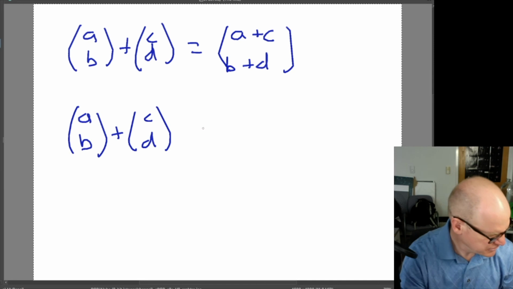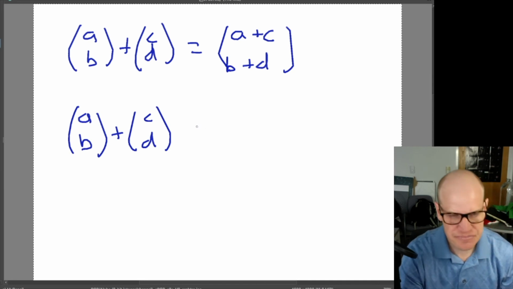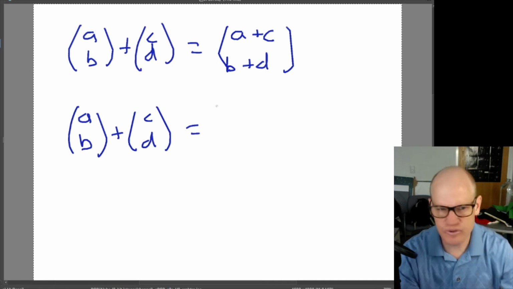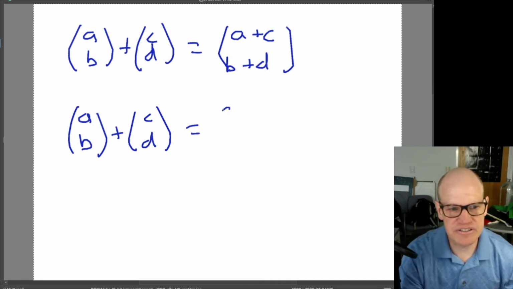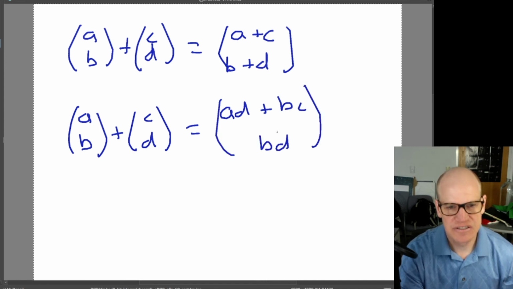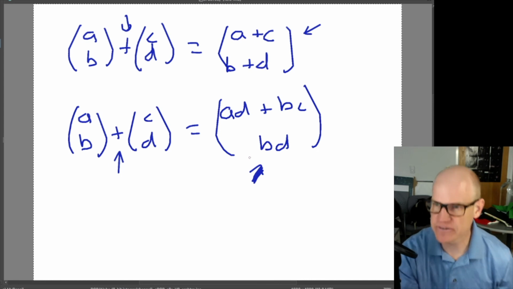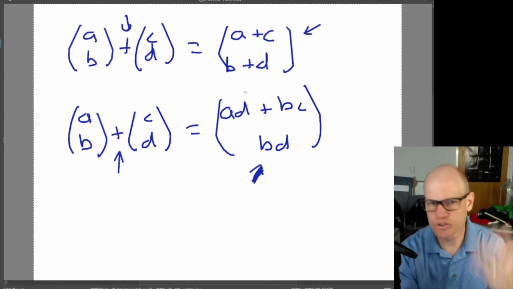It has inverses, it's got everything that you want for a group, but this one is going to look like this: AD plus BC over BD. So this is a different kind of addition. Here's one type of addition for pairs of numbers that looks like this, and this is a different type of addition for pairs of numbers, and it looks like that. And it's got all the fantastic properties that we love about addition and multiplication.